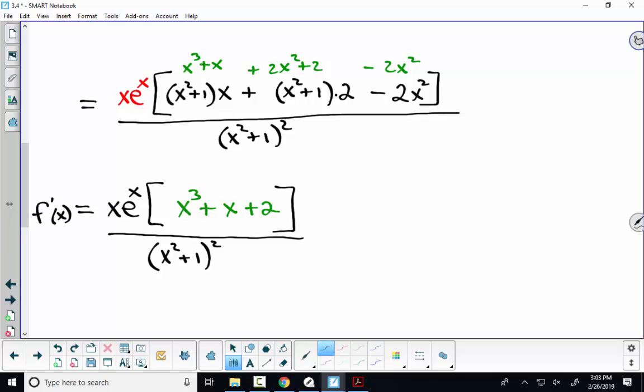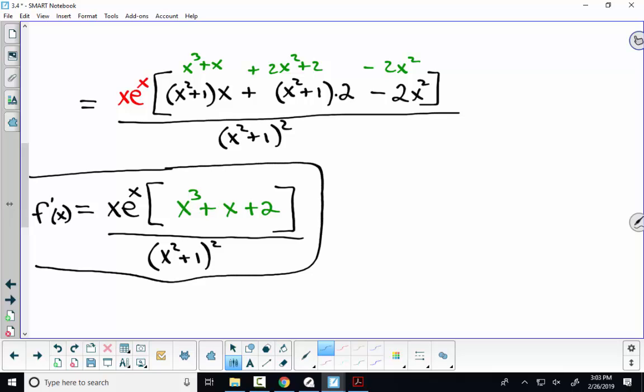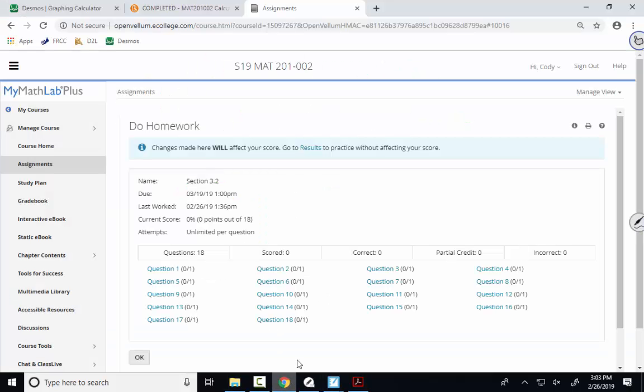I'm also curious if x cubed plus x plus 2 will factor. I think I messed up way up here. So I'll come back to that in a second.